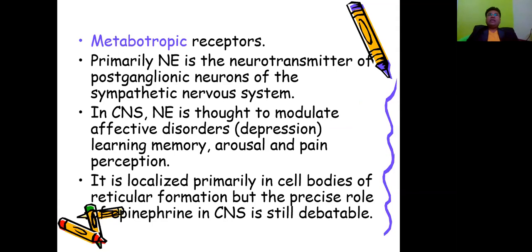Primarily, norepinephrine is a neurotransmitter of postganglionic neurons of the sympathetic nervous system. In the CNS, norepinephrine is thought to modulate affective disorders like depression, learning, memory, arousal, and pain perception. It is localized primarily in the cell bodies of the reticular formation, but the precise role of epinephrine in the CNS is still debatable.